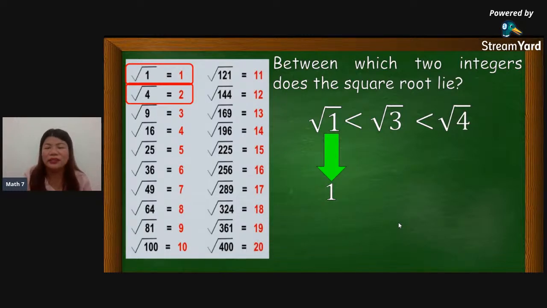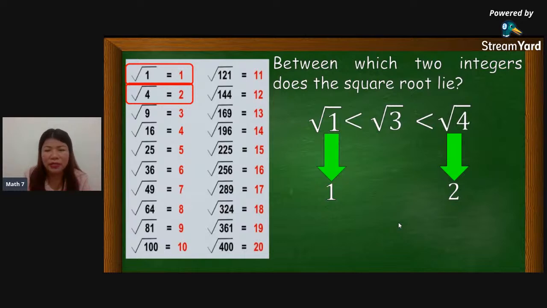Medyo late yung dating sa akin. Square root of 4. Principal root ng square root of 4, we have 2. Very good. Mabilis na sila.